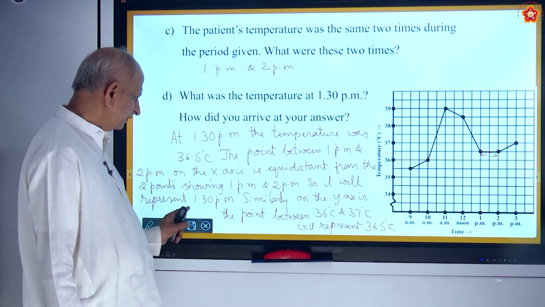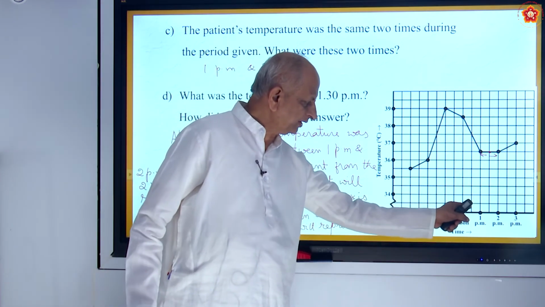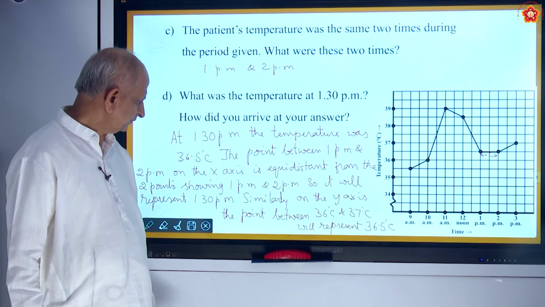So it will represent 1:30 p.m. At 1:30, this distance here is equal, correct?